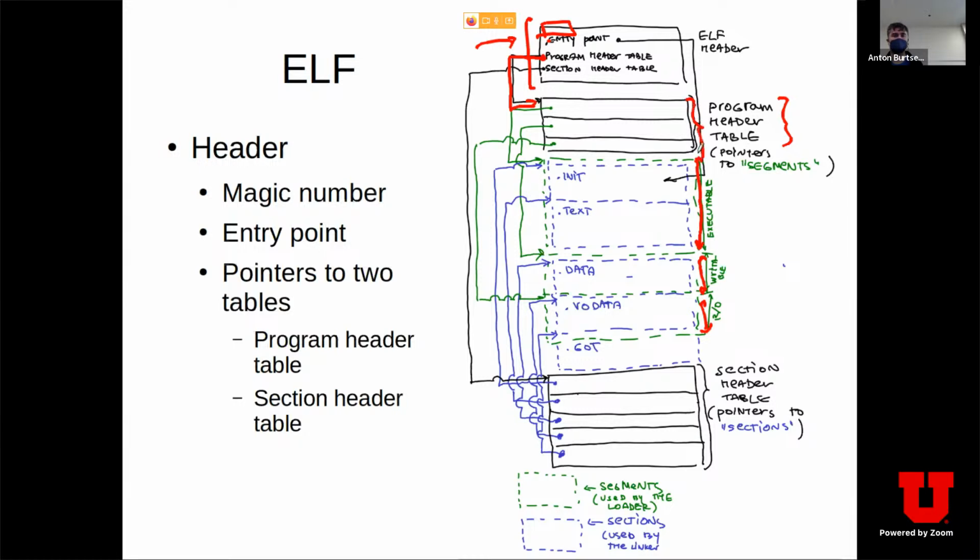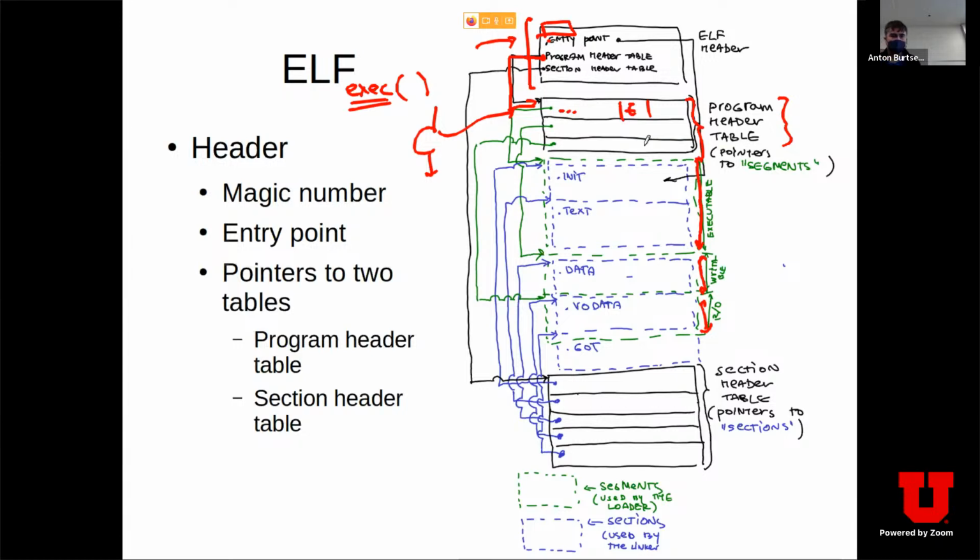The entries in this table describe how you have to load things in memory, whether they have to be configured as executable, read-only, or writable. Your implementation of the exec system call will literally be a loop which reads entries in this table, checks, okay, if it's executable, load it in memory at the specific address it asks for, and just run it.